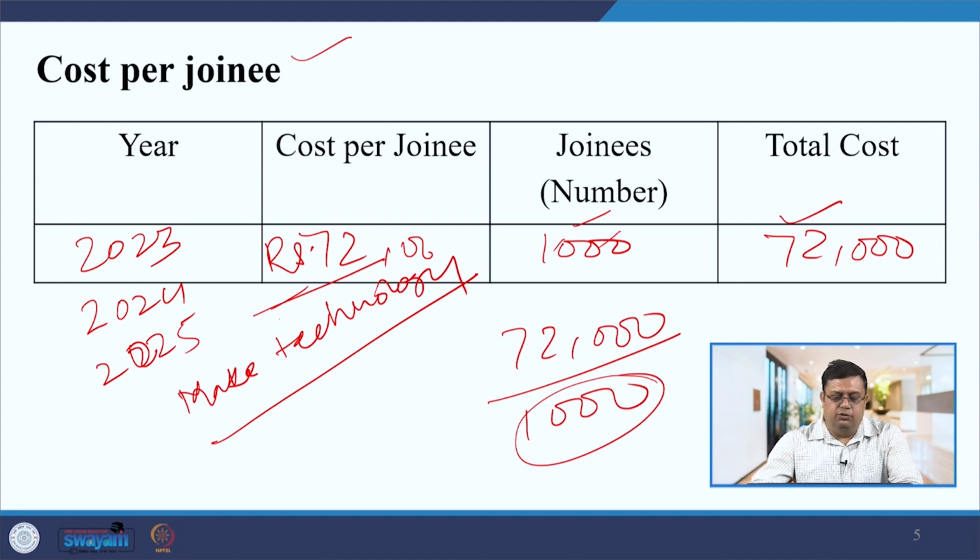So if you believe you should reduce it, then you can think about the use of technology, and before using the technology you can assess the technology readiness of your organization, and after that you can think whether you should implement the new technology in order to assess your candidate or not. And that is how you can make a decision about this cost per joinee. If it is going high and high, then you can think how you can reduce it, and it can give you a measure why it is going up and up, right. So that is how you can think about this cost per joinee.